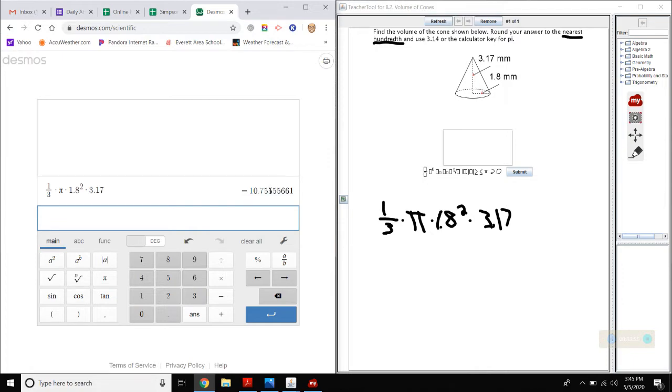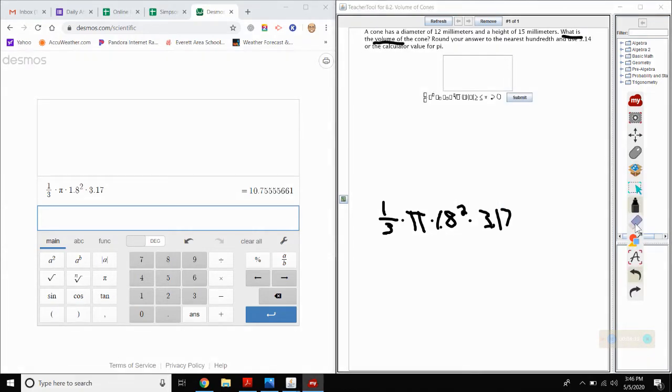We look to the right of it, and that number is 5 or higher, so that is going to round up to a 6. Our answer is going to be 10.76 millimeters. And since we are dealing with volume, we are doing units cubed, so it's to the third, units cubed.